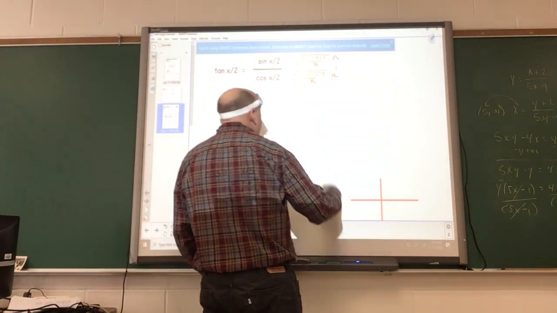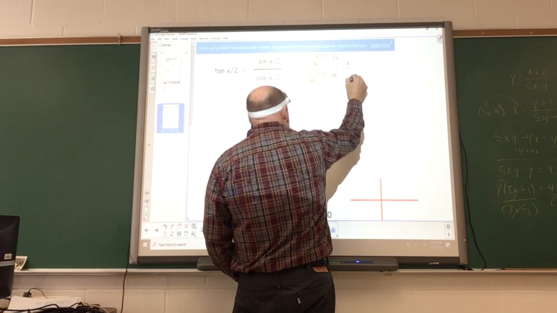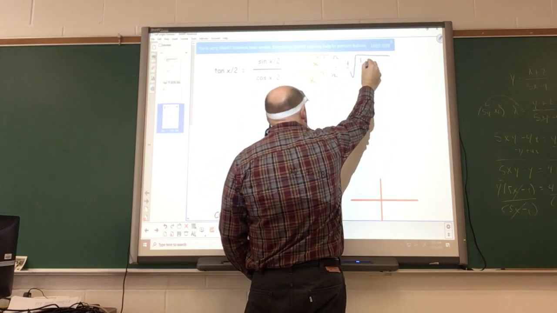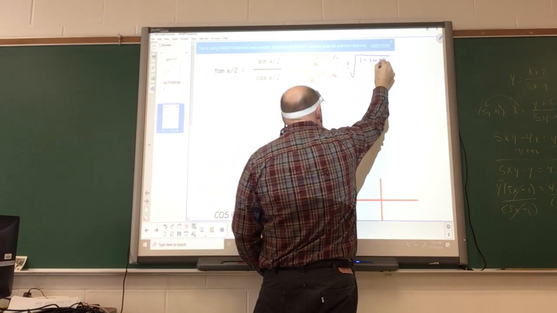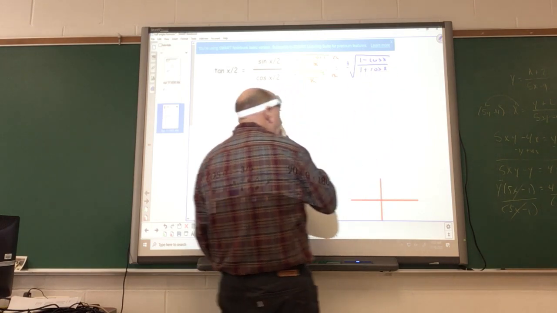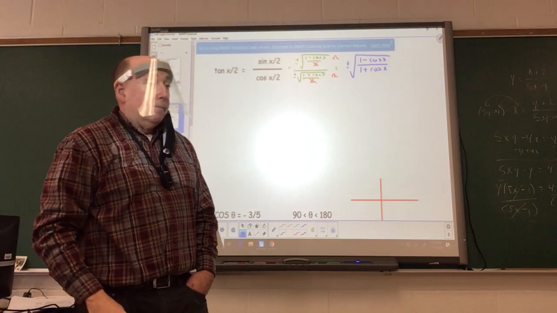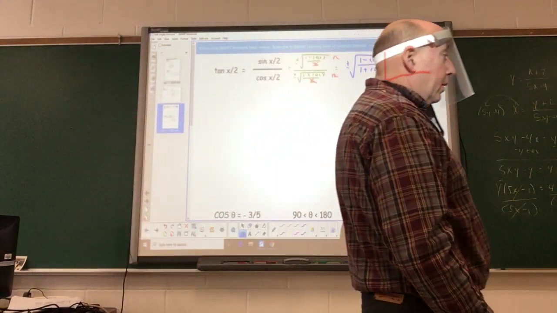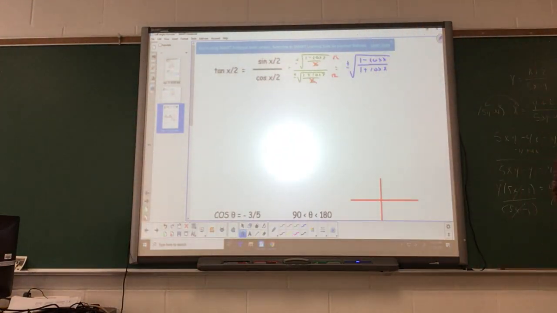So we are left with then plus or minus square root of 1 minus cosine of x over 1 plus cosine of x. Now there's two alternate formulas to go with this.